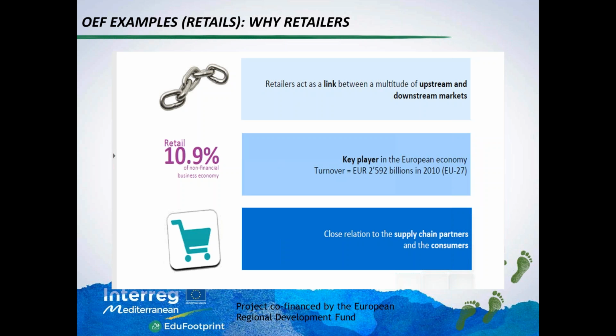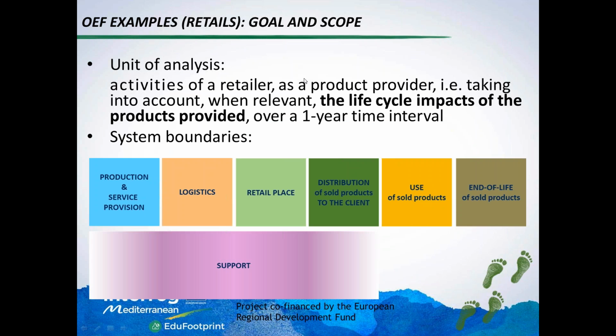The unit of analysis of this study, I mean the right terminology should be the product portfolio, was the activities of the retailer as a product provider, for example, taking into account where relevant the life cycle impacts of the products provided over a 1-year time interval.